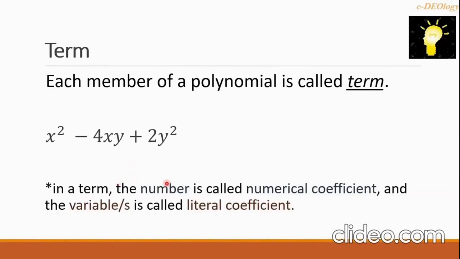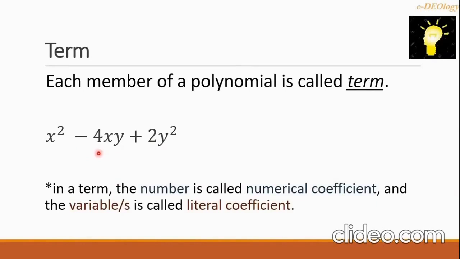In a term, the number is called numerical coefficient, and the variable or variables is called literal coefficient. I will start with the third term. In here, number 2 is the numerical coefficient, and the y squared is the literal coefficient. In the second term, the numerical coefficient is negative 4.